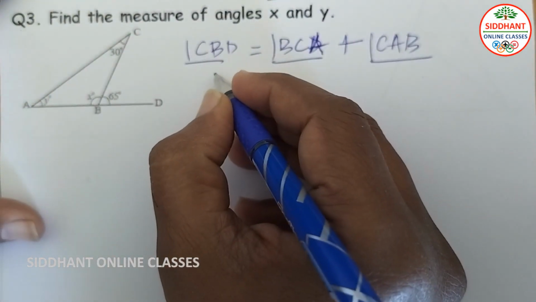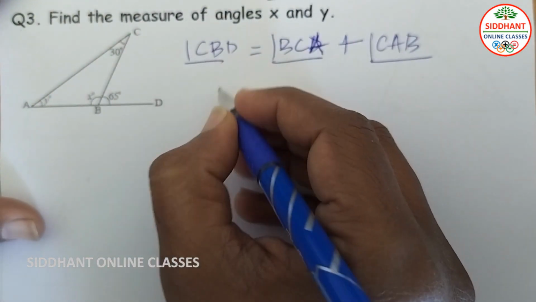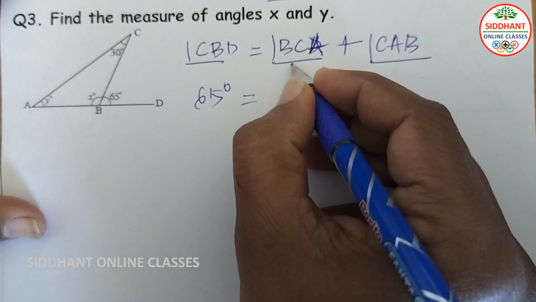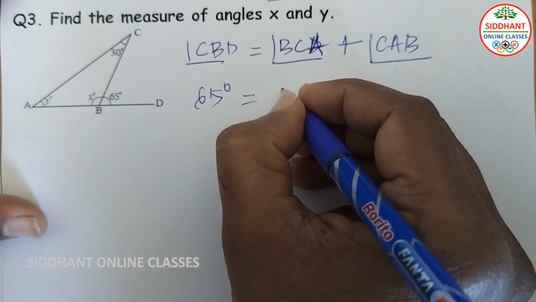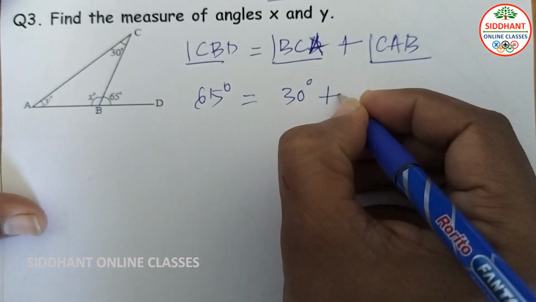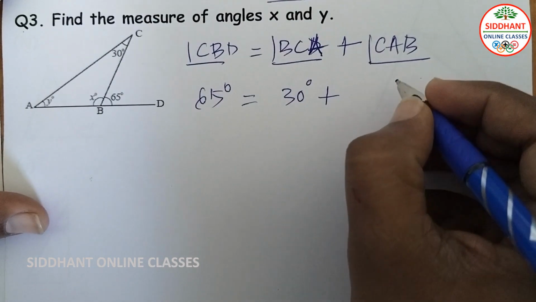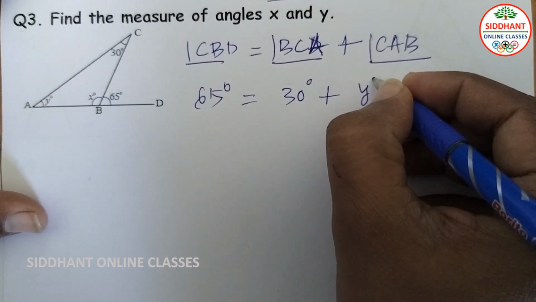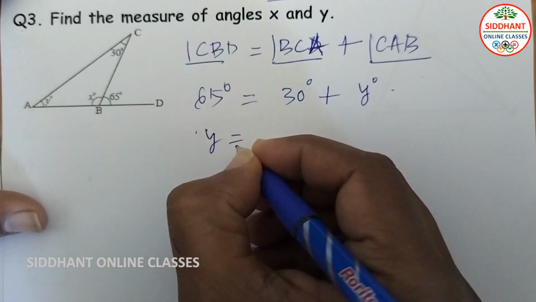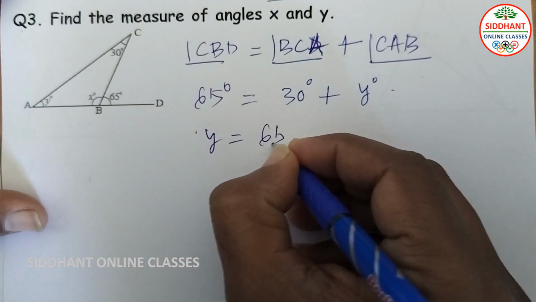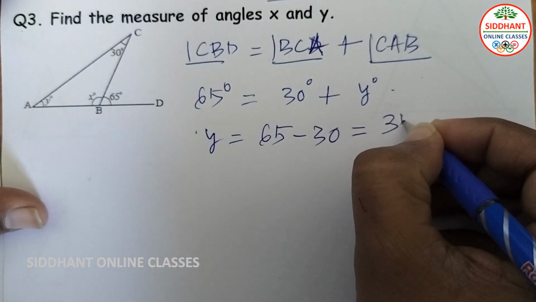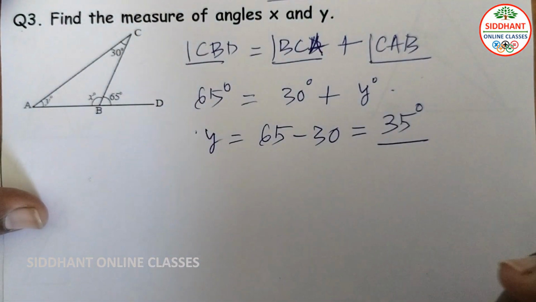We are given CBD as 65 degrees and BCA as 30 degrees, and we are going to find CAB, which is Y. So Y equals 65 minus 30, that equals 35 degrees here.